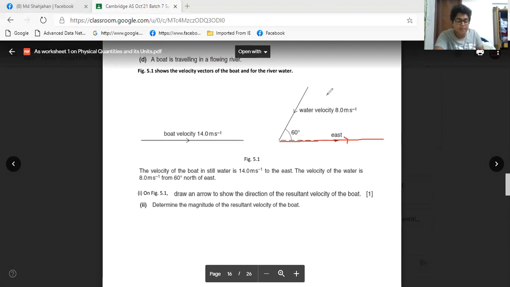Listen Farhan, you have the recording also, so don't worry about that. Now you take as much as possible. It will take only two lines to draw.